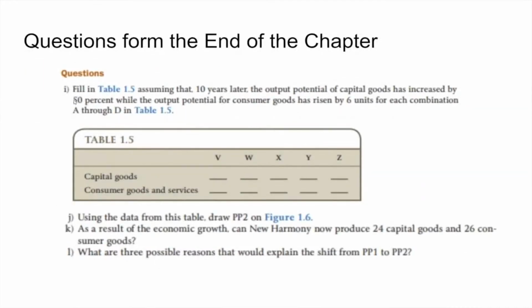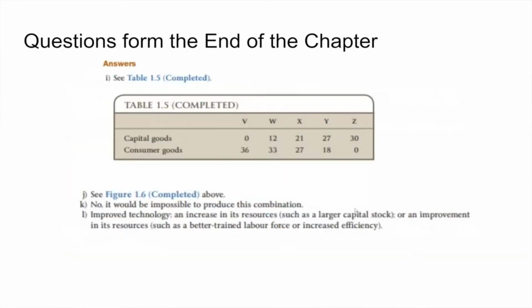So what we can do then is to effectively fill in that table and draw the new production possibilities curve. So what you're going to find is you'll have the new table filled in, and it will say 0, 12, 21, 27, 30, 36, 33, 27, 18, and 0, like that. That's what it should be looking like.